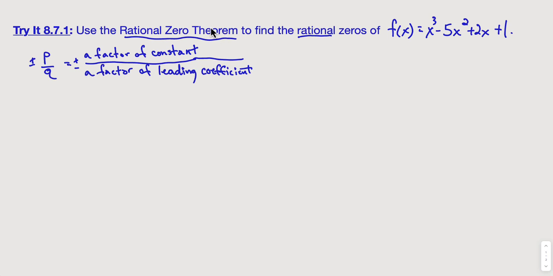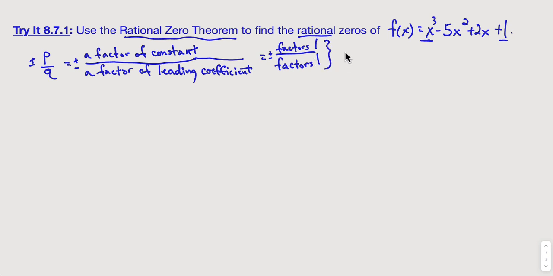So in this case, our constant is 1, so we're looking at plus or minus factors of 1 over, well, our leading coefficient is the same thing, 1, which makes this a lot simpler. Factors of 1.